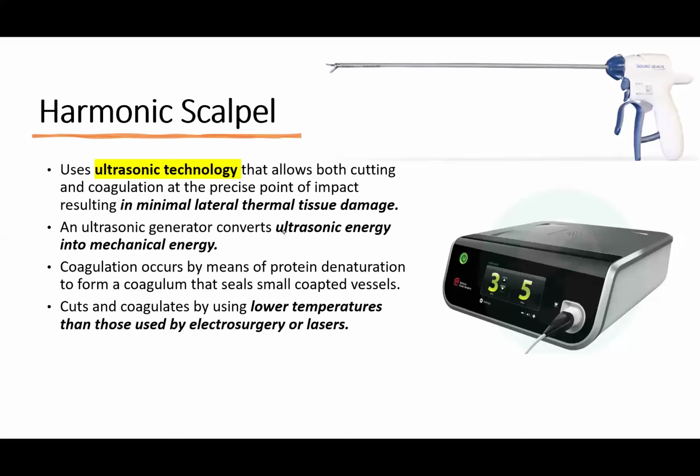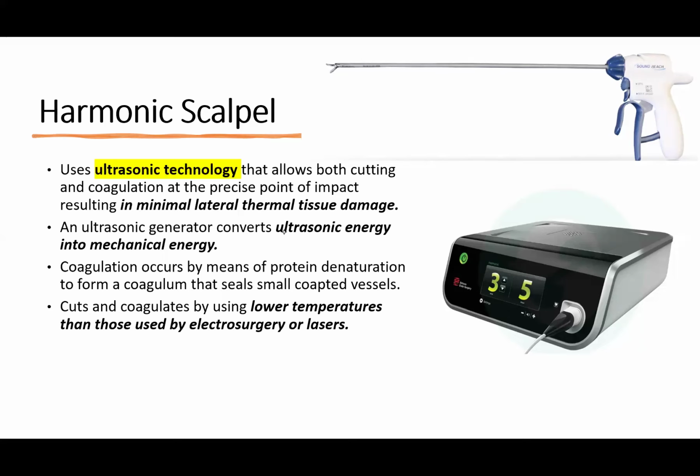Now, let's talk about the harmonic scalpel. This is an ultrasonic device. Just as we call the ligature or the end seal an advanced bipolar, you can call the harmonic an advanced monopolar, but it does not use electricity.